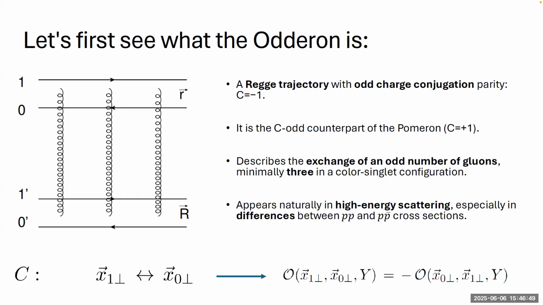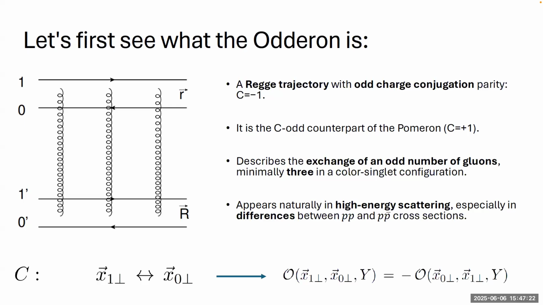So what people did experimentally, if you have, for example, in one kind of collision, a gluon emission, and then you have a three gluon exchange like the Odderon, you have C parity -1 and C parity -1 into the photon, and then you are able to find the meson production. The counterpart of the Odderon is the Pomeron, which has charge conjugation +1.